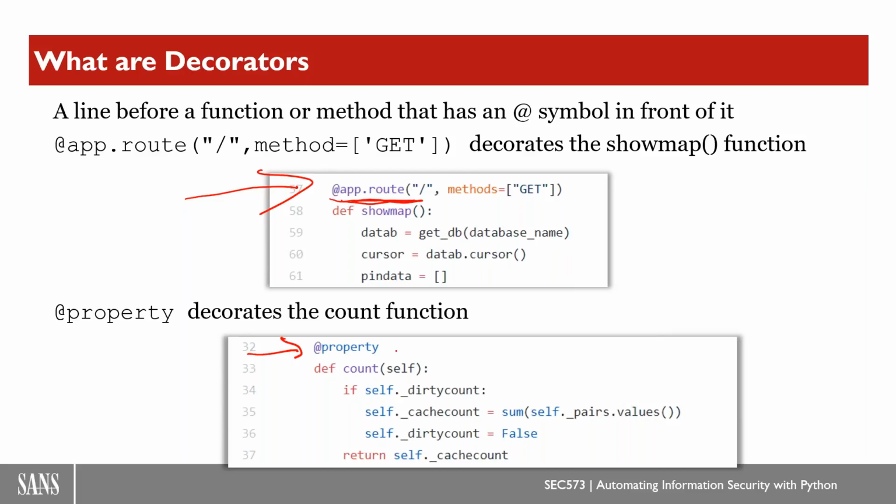Here you see a decorator that doesn't have any arguments, so there's no parentheses with stuff inside of it, like there is up here for app.route. And then we have a second example of one that has arguments. The way that you implement these two different things is quite different. So we're going to first start out by looking at the simple example, where we're going to create a function called property that's going to decorate other functions. In this case, property is decorating count.